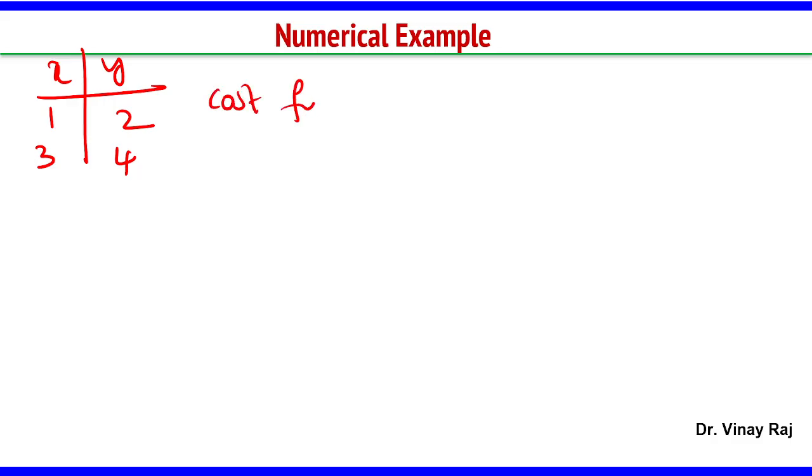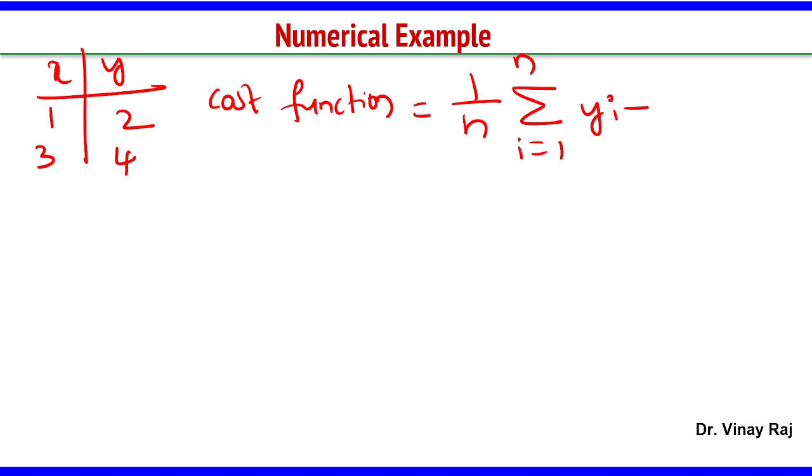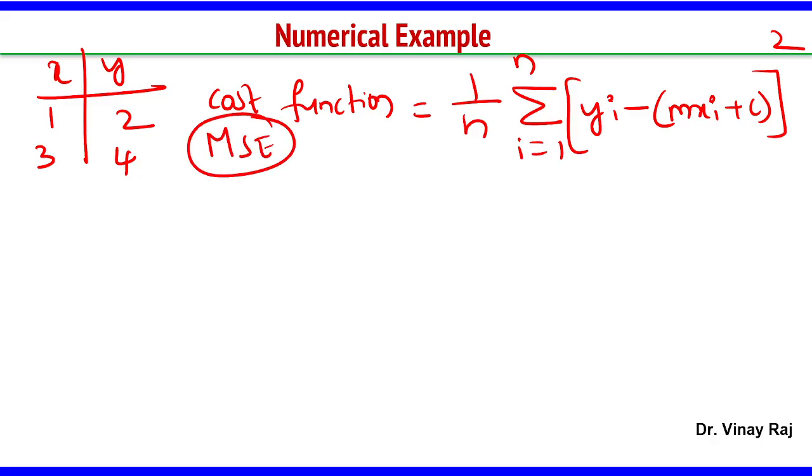I am choosing mean square error, which is 1 by n summation of i equal to 1 to n of yi minus the predicted value mxi plus c. This is my cost function, mean square error. I am taking only a small example to demonstrate how gradient descent works.